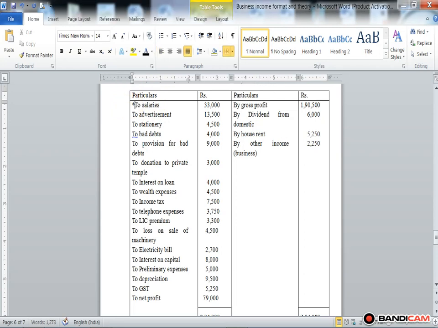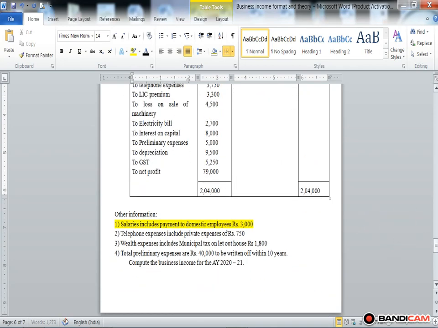Here we make a star in front of salary because an adjustment is given on salary, that is, 3000 paid for a domestic servant, which is considered a personal expense of Mr. Guru.